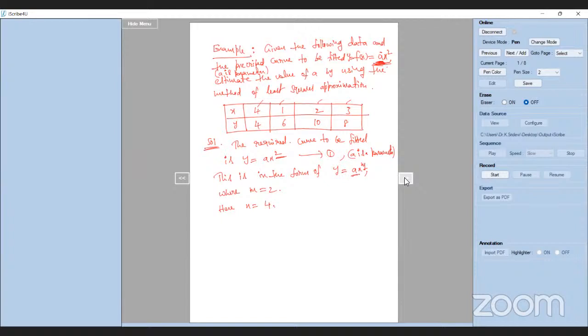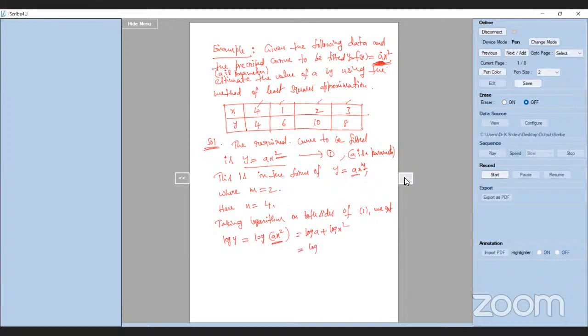So now we have to take logarithm on both sides of equation 1. Taking logarithm on both sides of equation 1, we get log y is equal to log of a x square b, that is log a plus log of x square b, which is log a plus b into log x square.